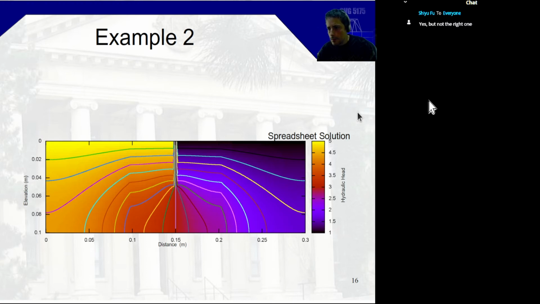Okay, so these are the contour lines you should have gotten, and you can see the boundaries clearly, the boundaries of the soil layer.